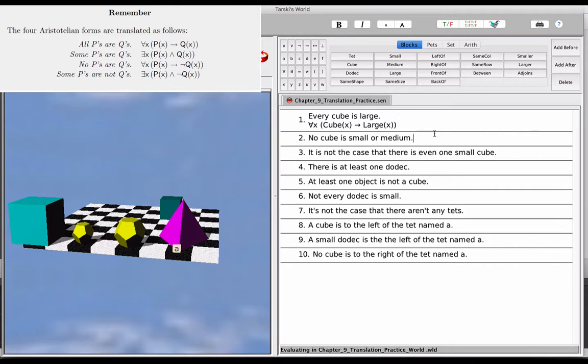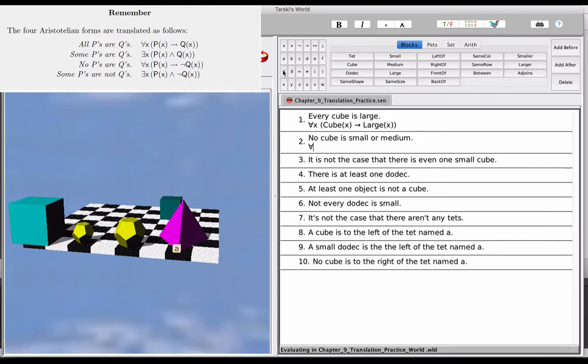So that means that on the right side of our arrow, we have the predicates small and medium, and then we have the disjunction because we have a return to our propositional logic notation, more specifically our Boolean connective, the disjunction.